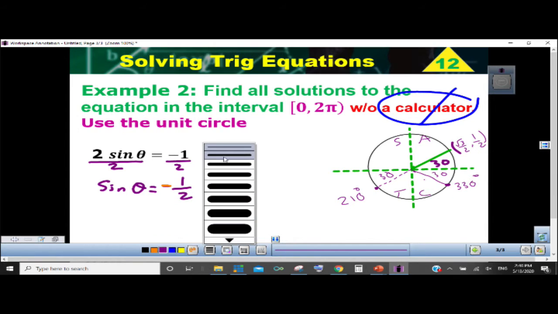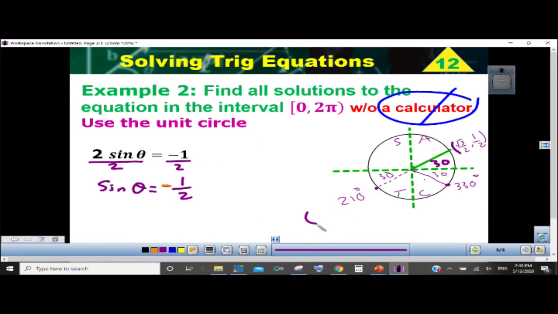So the cosine here is going to be negative square root of 3 over 2, comma negative 1 over 2. That's one of them. Also, this one here has square root of 3 over 2, comma negative 1/2.